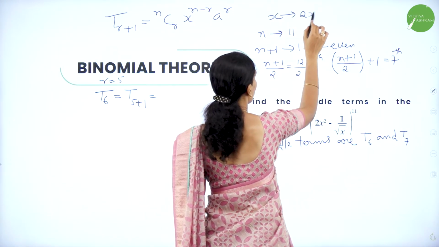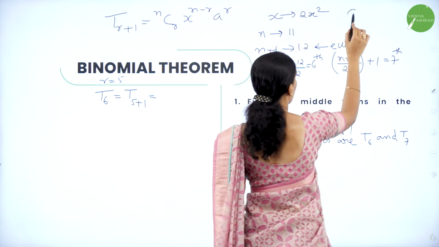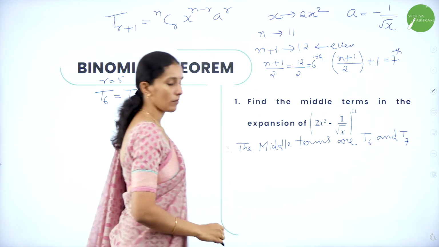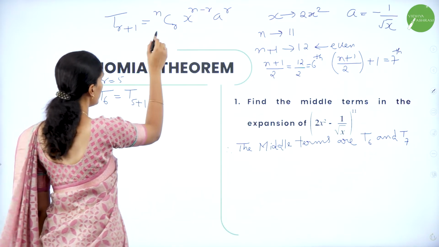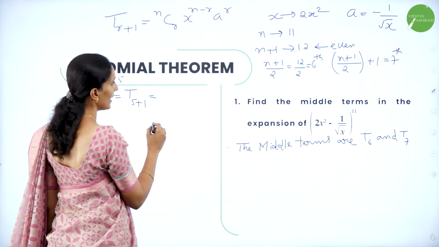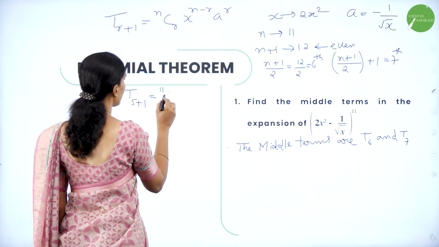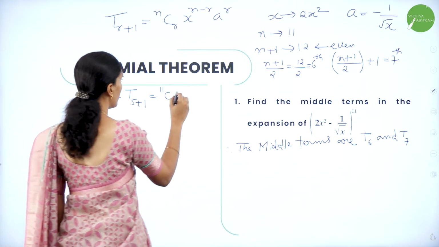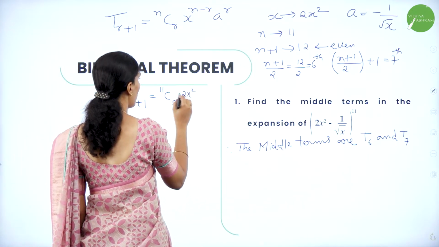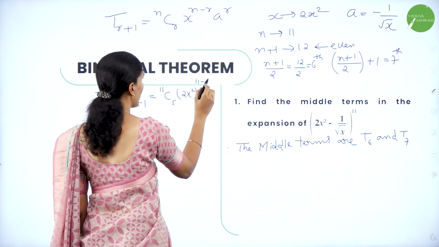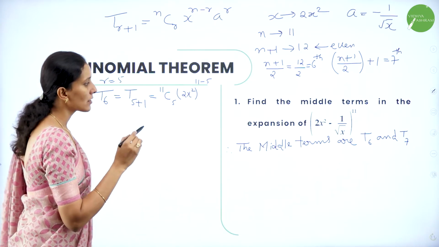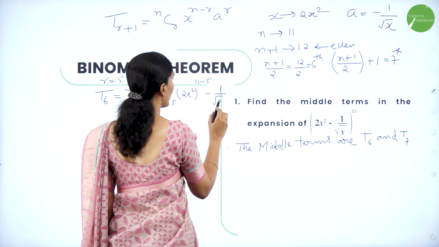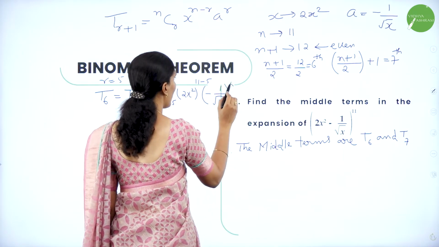X is 2x square and what is a? A is minus 1 by root x. Now use this formula. N is 11, C 5. X is 2x square, 2x square whole power 11 minus 5. A is minus 1 by root x, minus 1 by root x whole power 5.